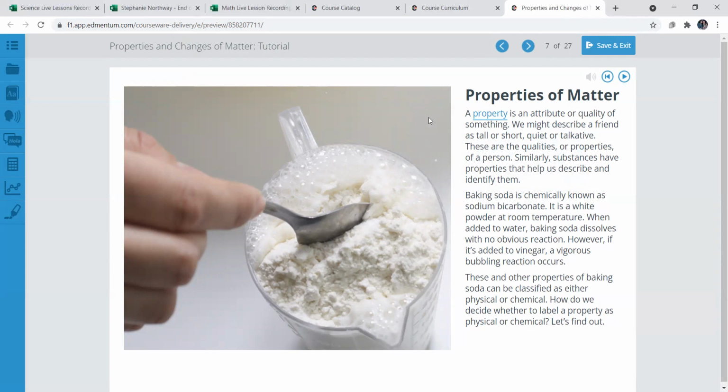There's no reaction that takes place when it dissolves in water. It's just there, dissolved in water. When it dissolves in vinegar, it creates this fizzing, bubbly reaction. In fact, I'll probably do that as some sort of experiment as well, just to show you what that looks like. But it's just this little bubbly reaction that takes place. It's a chemical reaction. Baking soda and vinegar do react together.